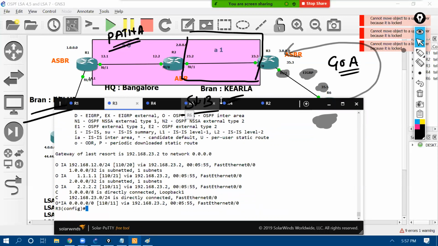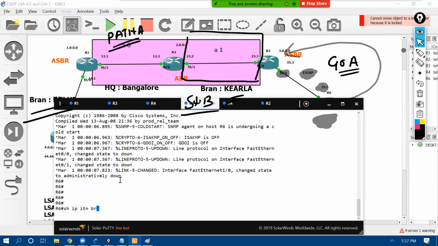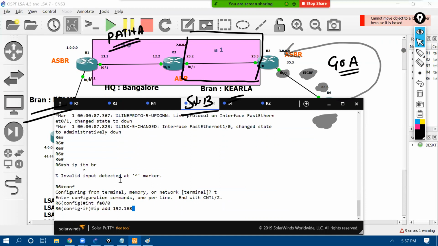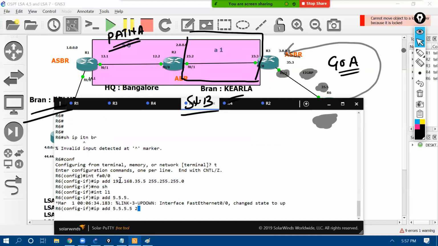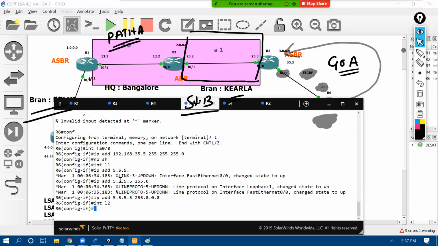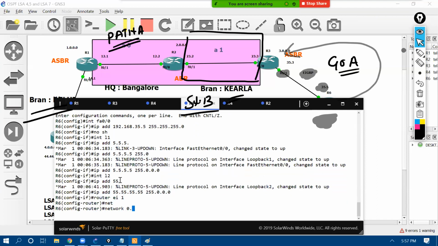Okay, it's not there. So what we can do, maybe R6 does not have this configured. Router EIGRP number 1, network 0.0.0.